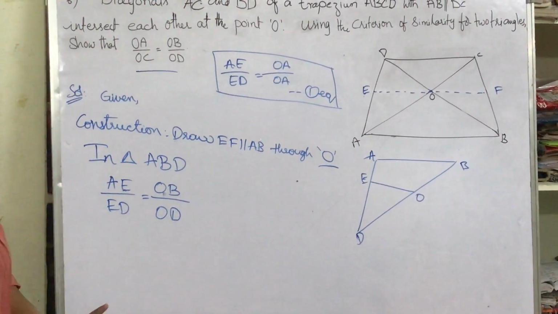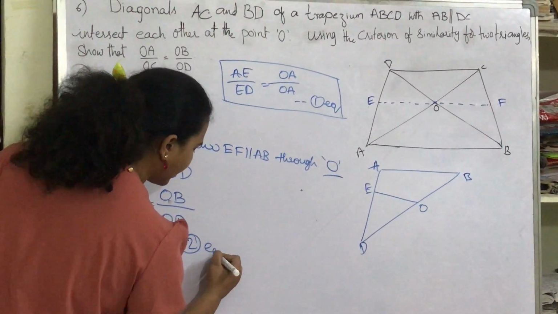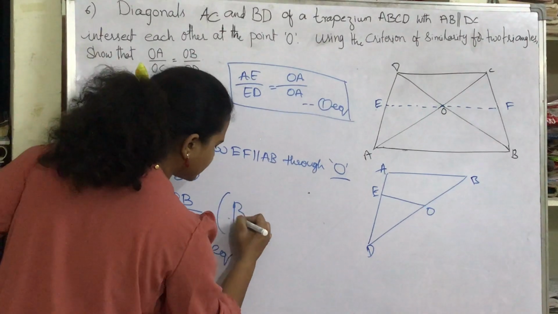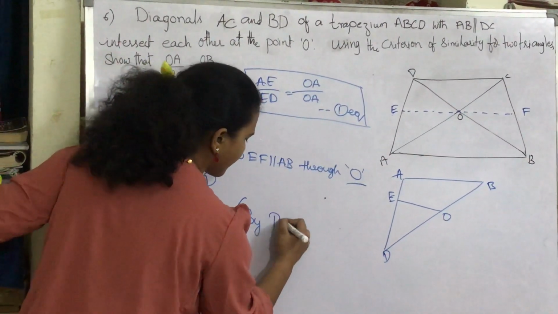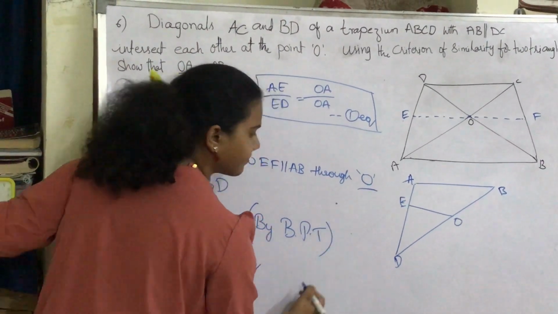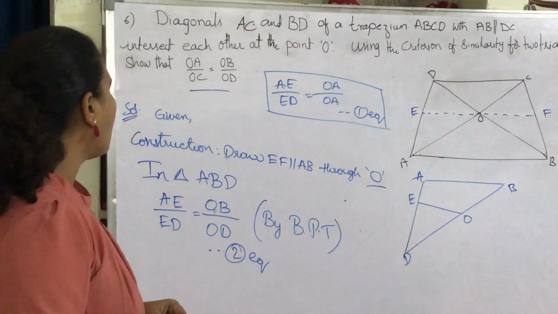Let this be the second equation, equation number 2. I have drawn this by using the BPT theorem, AE by ED equals OB by OD.